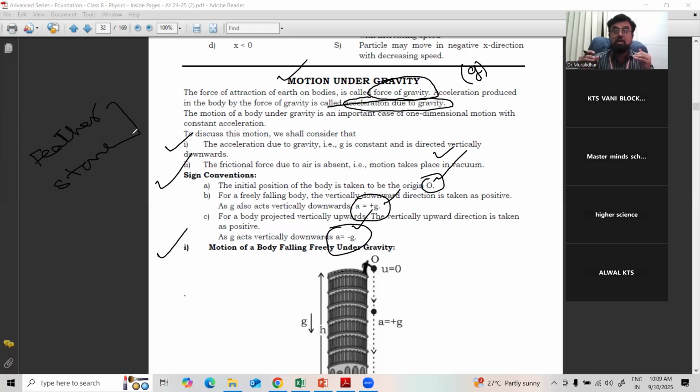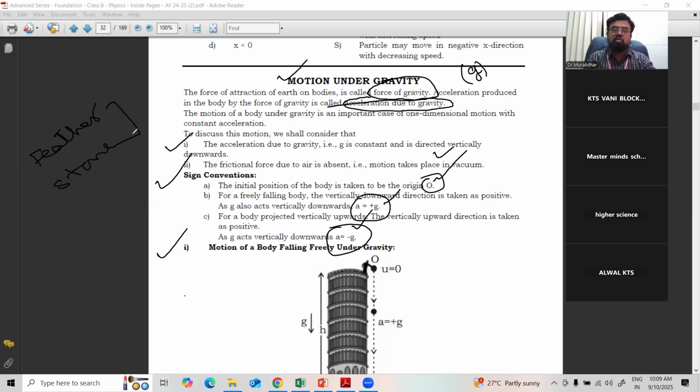Because gravity is the same on both, but due to air resistance, air acts more on the feather when compared to the stone. Because of more resistance, the feather will come slowly. But when you drop the same two objects in a vacuum, both will reach the ground at the same time.